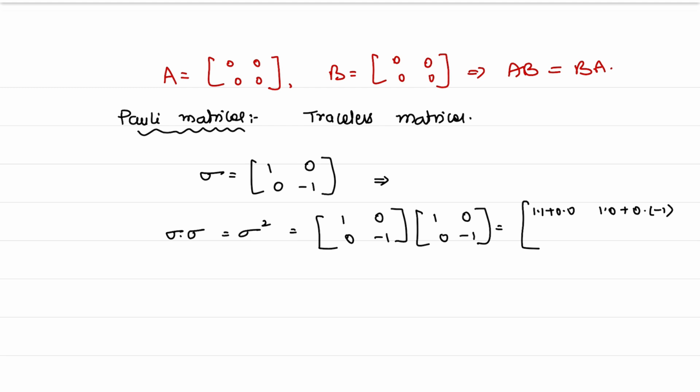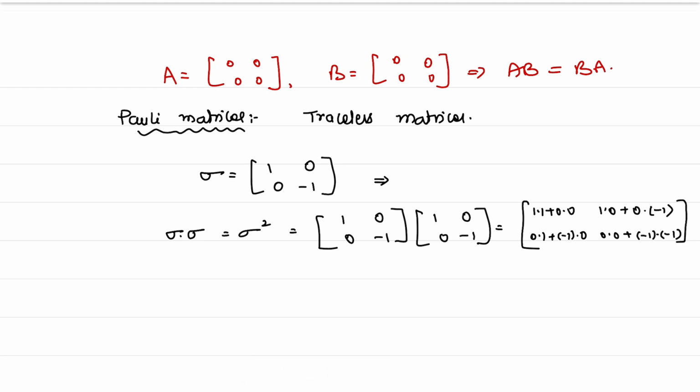In the second row, first element 0 into 1 plus minus 1 into 0. Fourth element 0 into 0 plus minus 1 into minus 1.